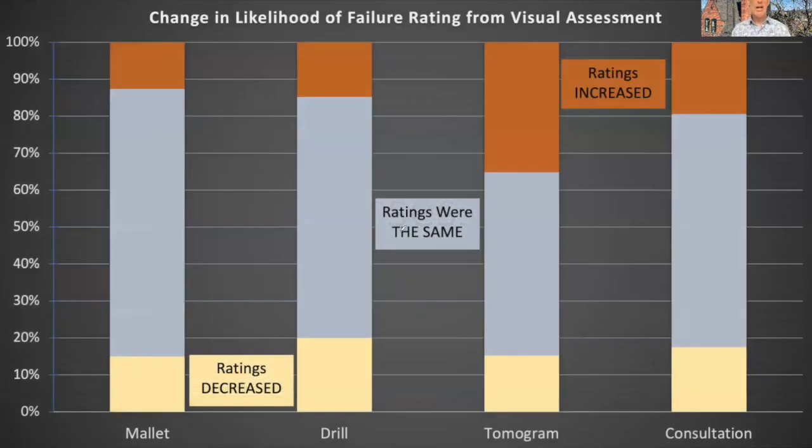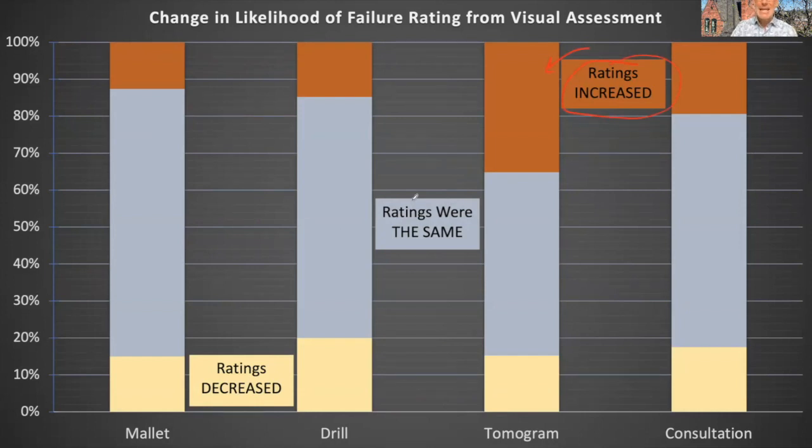So we've got a different color scheme here, just so we're not thinking about the previous values, because now we're looking at the change in likelihood of failure rating, not the actual likelihood of failure rating. So this dark orangey brown color, these are likelihood of failure ratings that increased from the initial visual assessment.